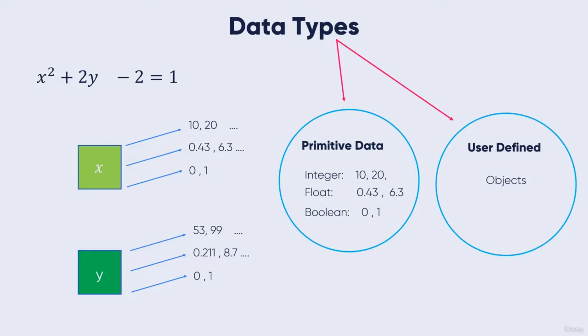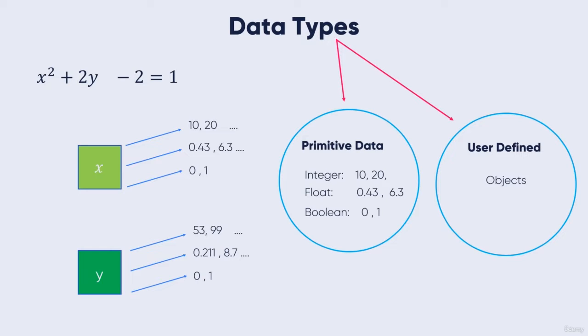Okay, so data types are primitive data like integer, float, or Boolean, and the user-defined ones that we are going to see later on. The system-defined data types, like primitive data, are int, float, char, double, Boolean, in Java and C and Python.